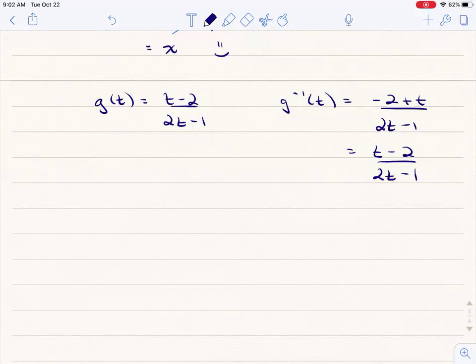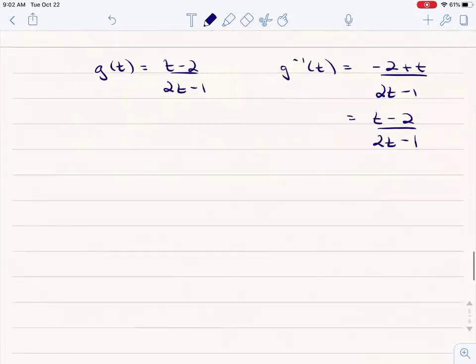Can it take on all values from negative infinity to positive infinity? Or maybe it has to be greater than 0. But now, if I'm able to find the inverse and find the domain of the inverse, then that's the range of my original function.